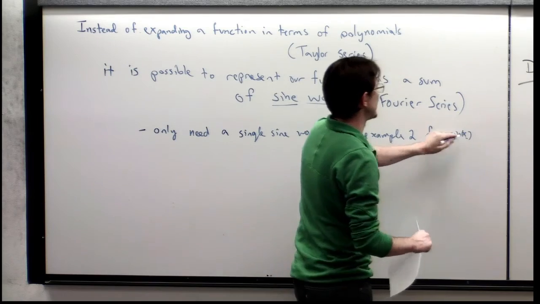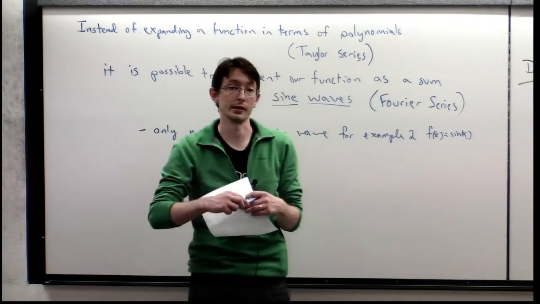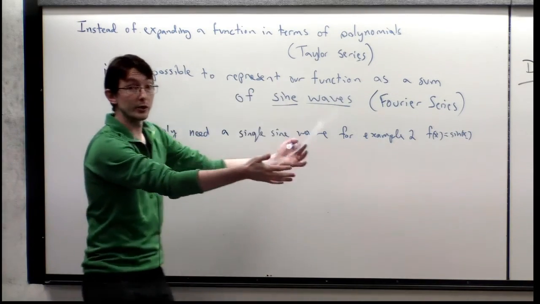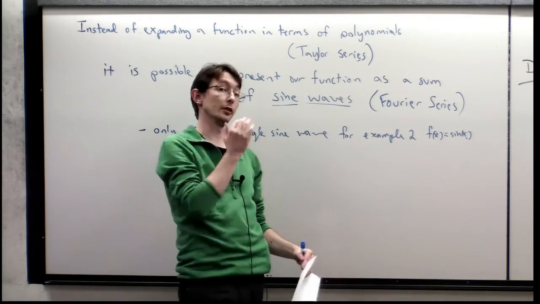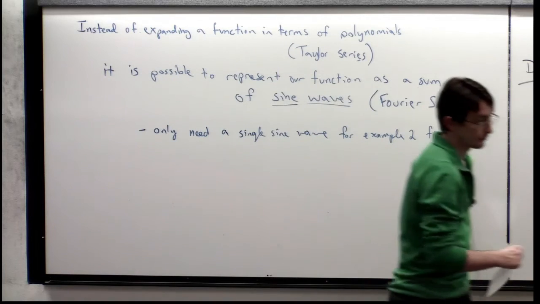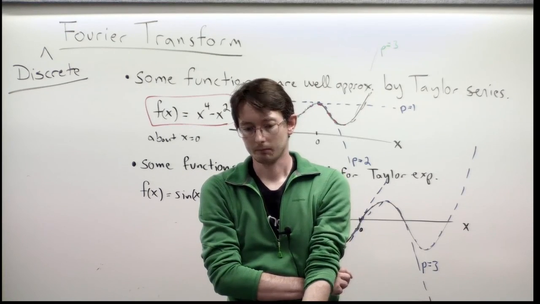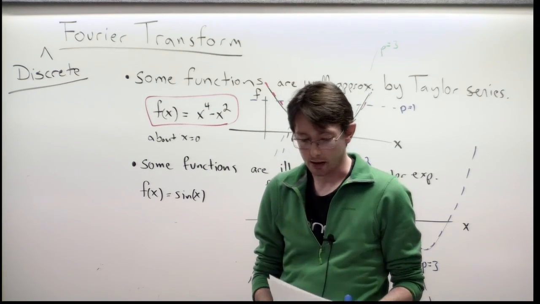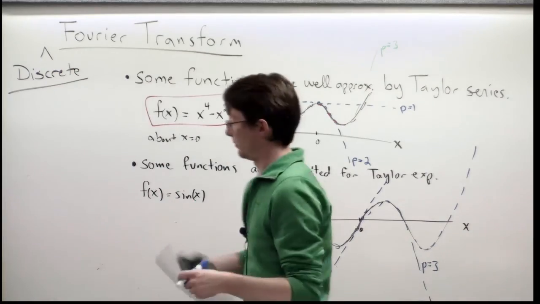And in some sense, this is an example that we cooked up to be particularly easy to represent with Fourier series. But it is still true that there's a whole category of functions that are good for Taylor series and an entirely different category of functions which are good for Fourier series. Great. So now we're going to talk about this theory of expanding functions in terms of sine times some frequency.